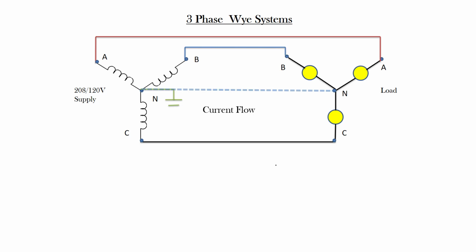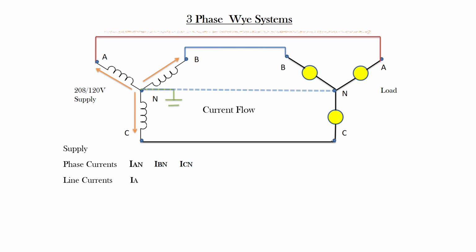All right, so if we look at current flow, we have a Y connected generator here, and we have a Y connected load. So what does that look like? Well, we have our phase currents IA to N, IB to N, and IC to N. The line current, we would just call it line A, line B, line C, so it's IA, IB, and IC.